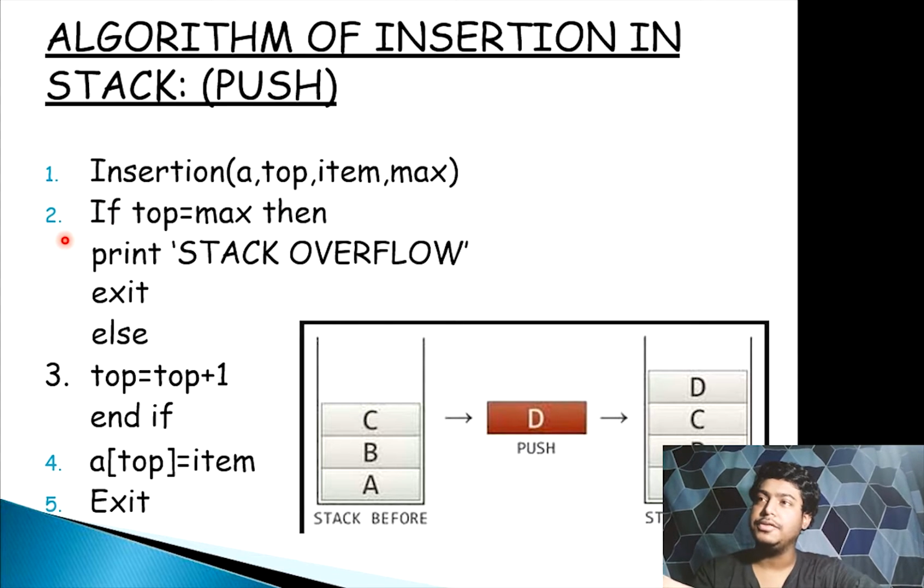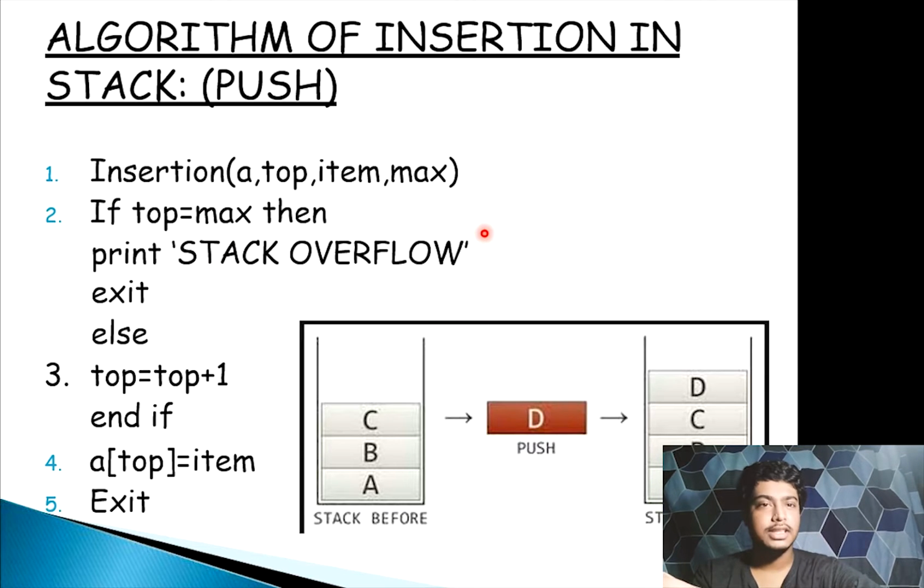In the second line we check if the data structure stack is already full. That means if we had given a memory allocation of 6 spots, or say 6 elements, and the stack has already 6 elements in it, in this case we cannot push elements because we do not have memory allocated for it.